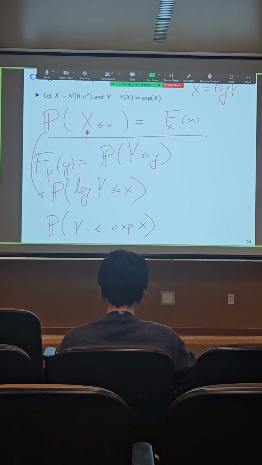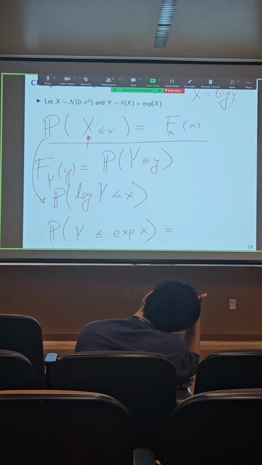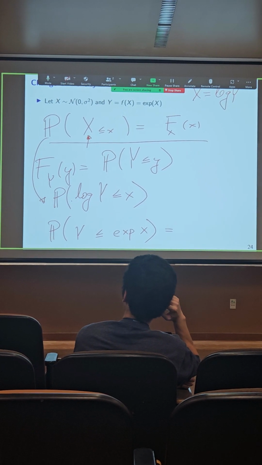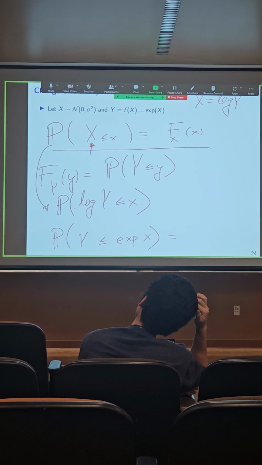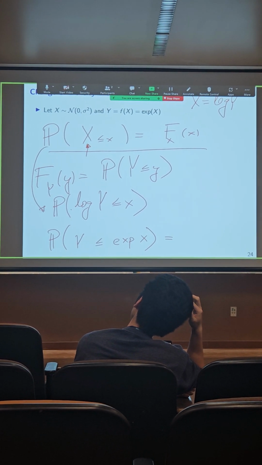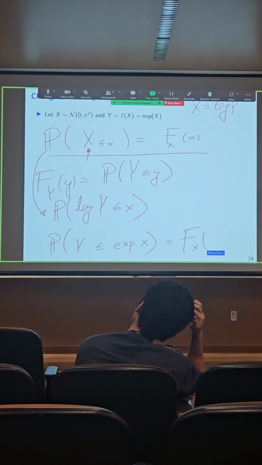Yeah, so essentially this is the normal CDF. So this is equal to, I guess, x. Yeah, but I think it's more confusing this way.